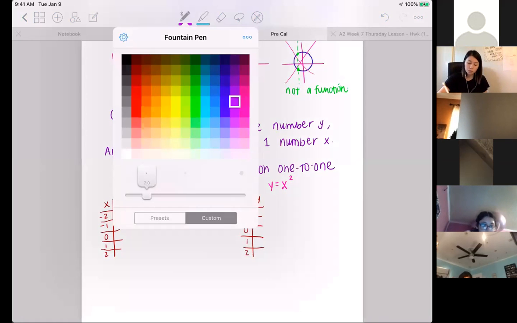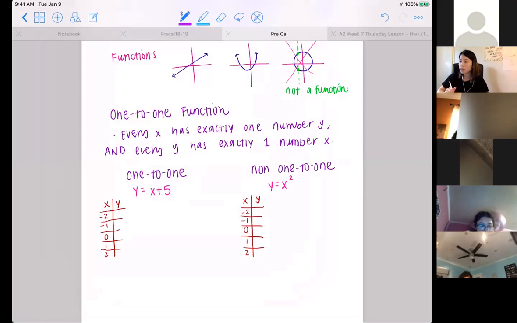What would be the numbers on the left-hand side? Does anyone know? For y equals x plus 5, what would be my outputs? 3, 4, 5, 6, and 7.